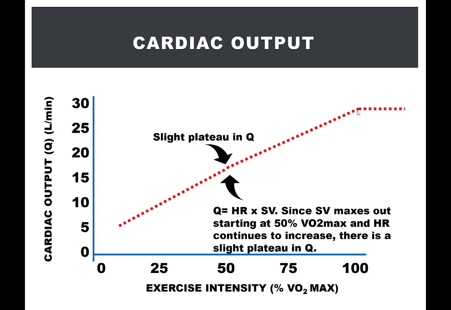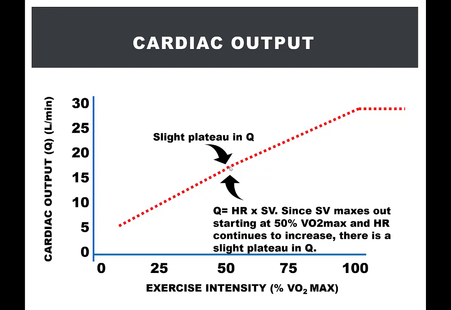Again, let's take a look at the factors that contribute to cardiac output. We know that from 50% VO2 max to 100% VO2 max intensity, heart rate continues to rise. But what about stroke volume? We know that stroke volume at 50% VO2 max intensity has already maxed out.